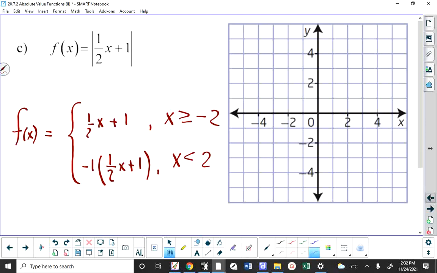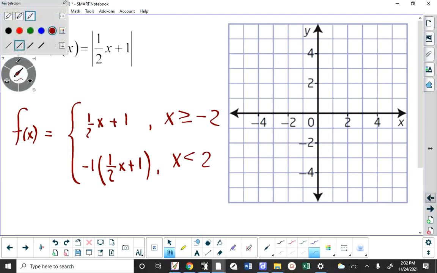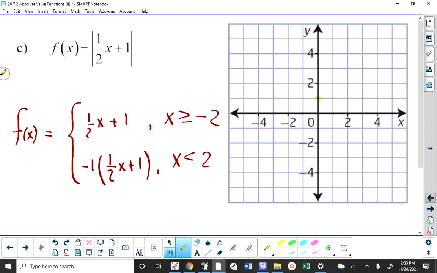So I'm going to just draw 1/2 x plus 1 in yellow. 1/2 x plus 1 has a y-intercept of 1, and it has a slope of 1/2, which means you go 2 to the right and 1 up, 2 to the right and 1 up.